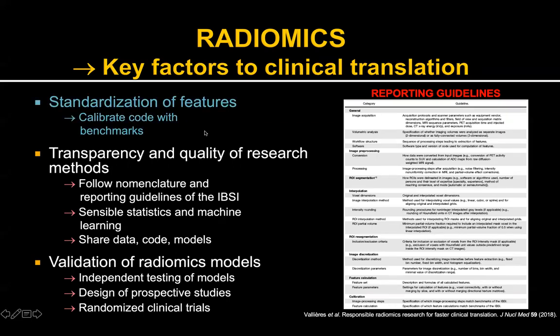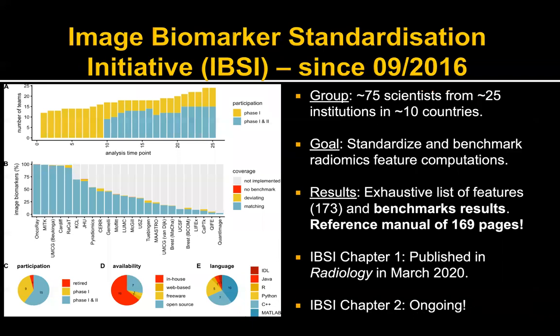So if I can reiterate, first key to clinical translation for radiomics is standardization of features calculated from some region of interest that could have been segmented by manual, semi-automatic, or automatic methods. We'll get back to that.